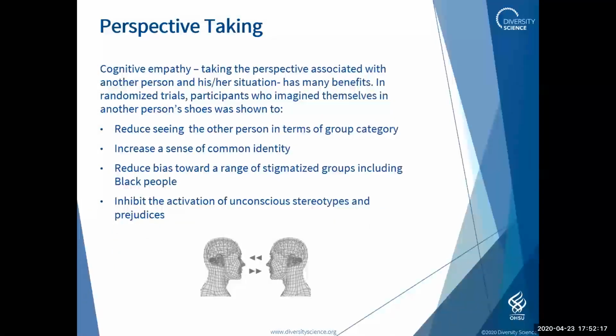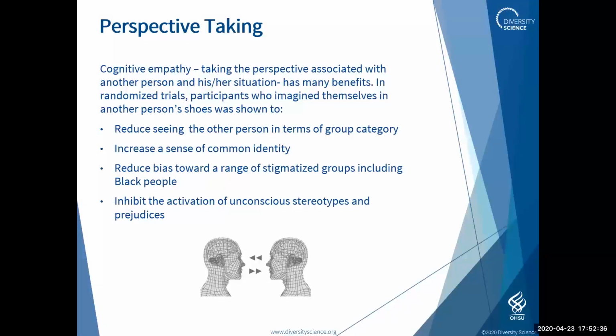The second thing that I mentioned, and there's a very robust literature on this, is that empathy, connecting with others, makes them part of our in-group and can prevent automatic biases. There's a couple of different kinds of empathy. The cognitive component of empathy is perspective taking.